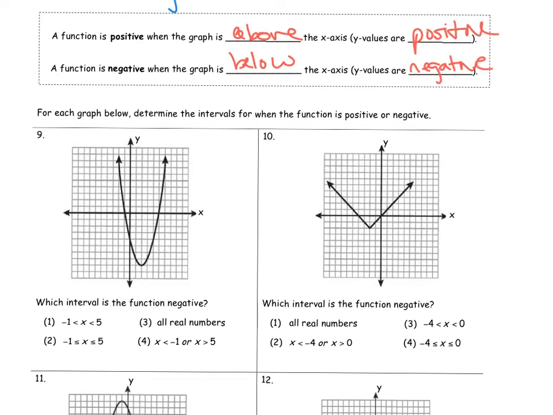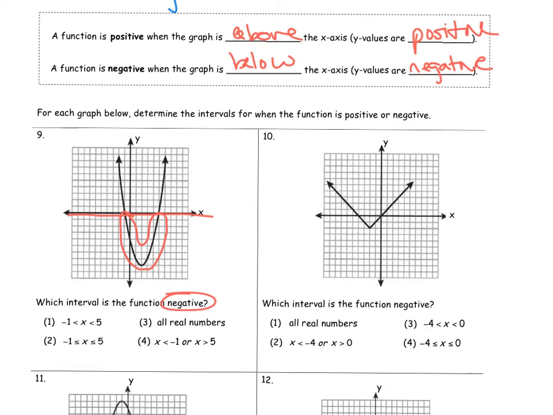So for the first graph, I want to know over what interval is this function negative? Well, for the graph to be negative, I'm looking at all of the values that are below the x-axis. So all these values here are what I'm looking at because this is below the x-axis. So over what interval are these values negative?